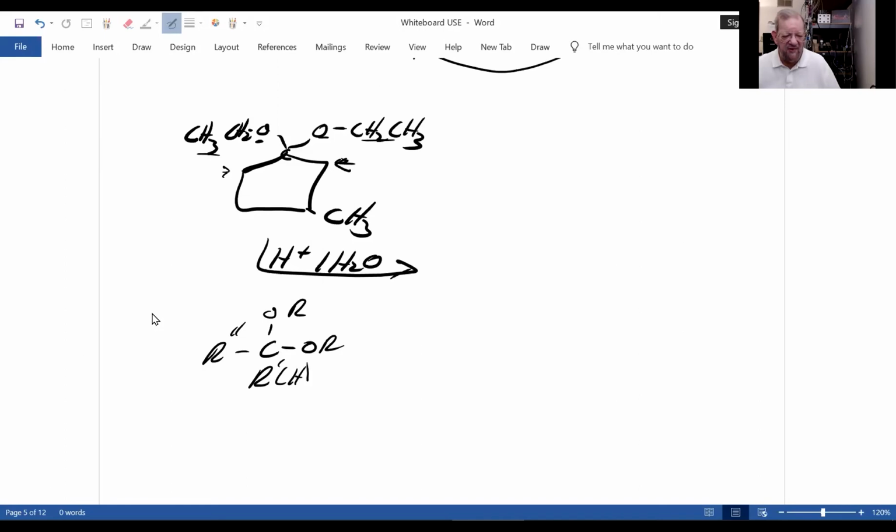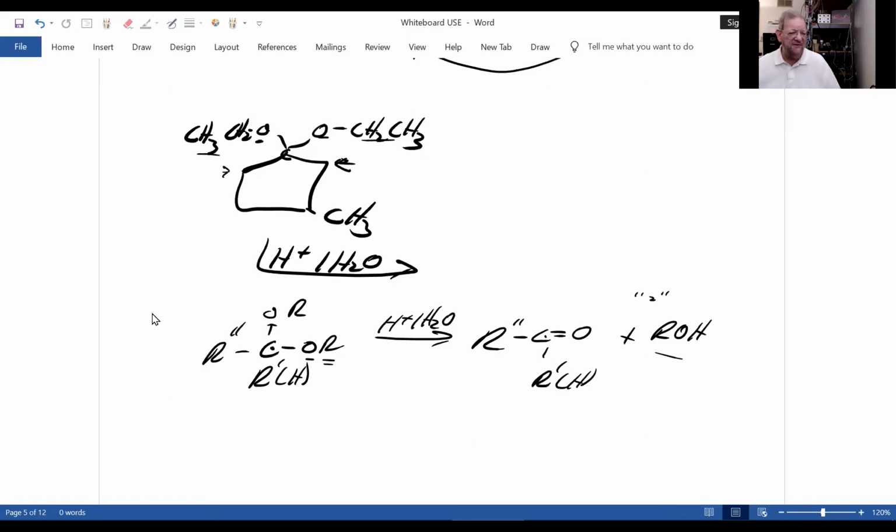Now, R prime could have been a hydrogen, but it's not. Acid catalyst and water. And you keep your eye on the carbon that has the two oxygens, becomes a carbon double bond to oxygen, carbonyl carbon. What's attached to it, R prime or hydrogen, R double prime is still there. Then my R group becomes an alcohol.